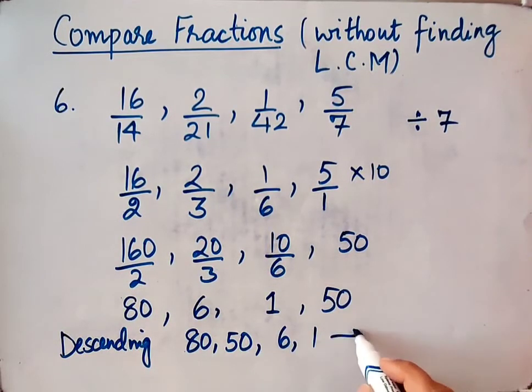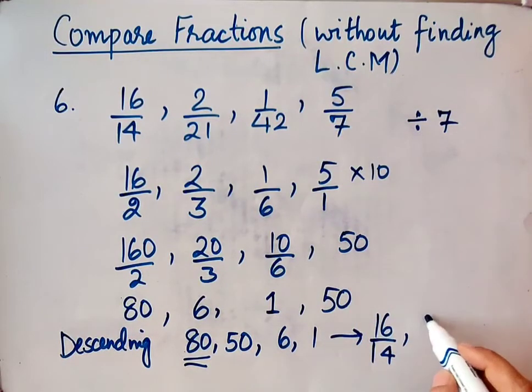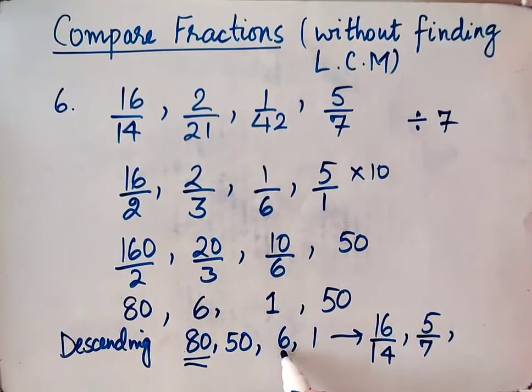Therefore, I can arrange the corresponding fractions: 80 relates to 16 by 14, 50 relates to 5 by 7, 6 relates to 2 by 21, and 1 relates to 1 by 42. Thus, in the descending order, you can say 16 by 14 is greater than 5 by 7, is greater than 2 by 21, is greater than 1 by 42.